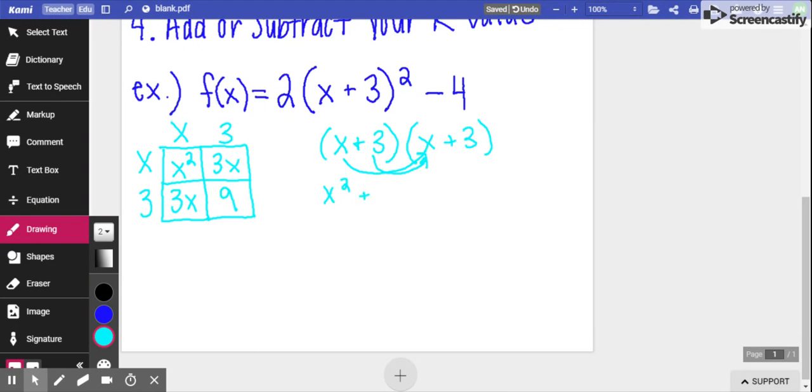Inside gives us a 3x. Outside gives me another 3x. And last gives me a 9. So I see the same four values that I did on the other side.